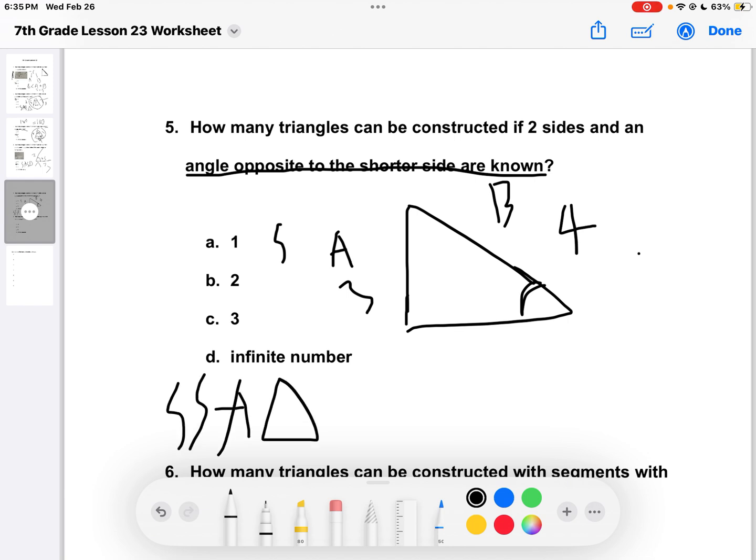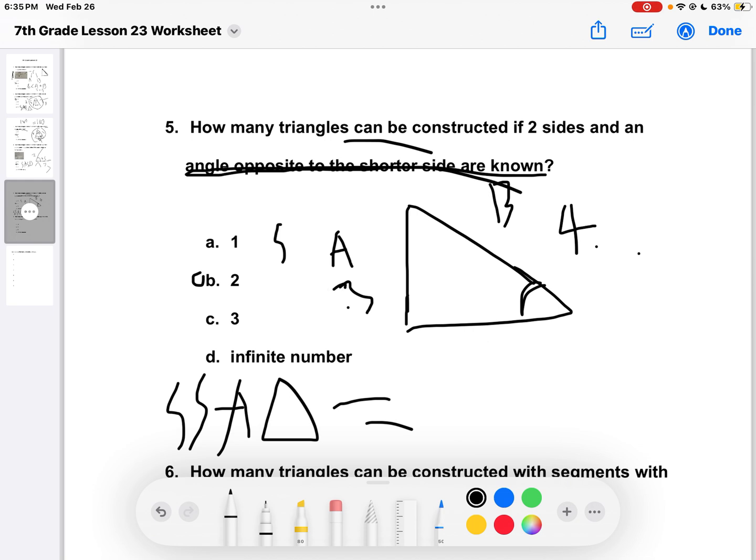And in SSA triangles, there will always be either 0, if these two are less than C, or there will be either 1 or 2. It says how many triangles can be constructed, so we need to find the max. So max will be B. Why? Because it says the angle opposite to the shortest side is known.